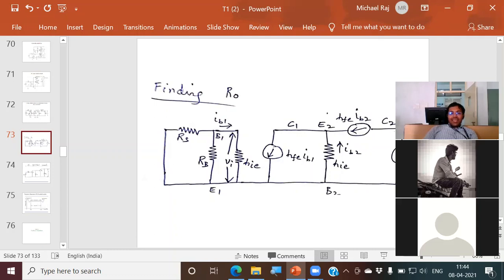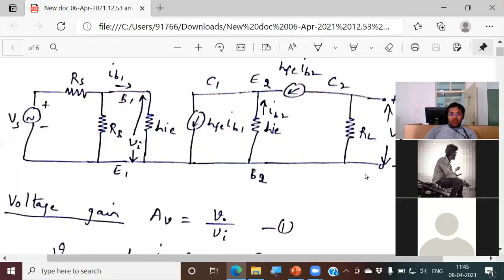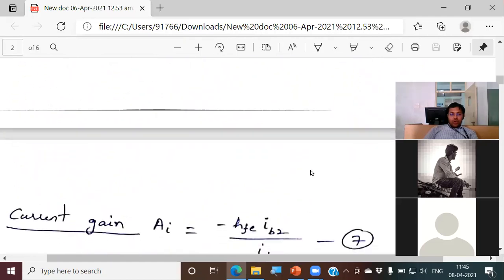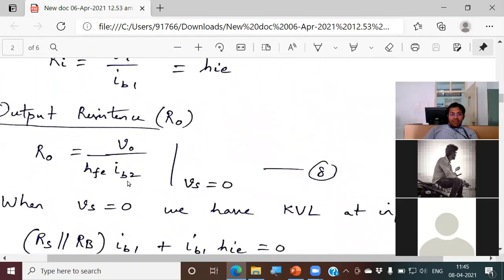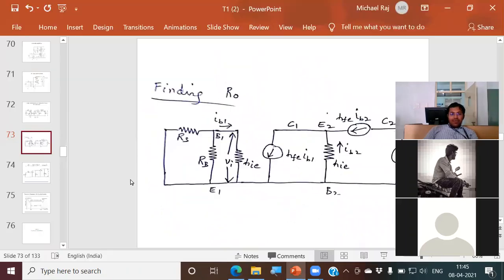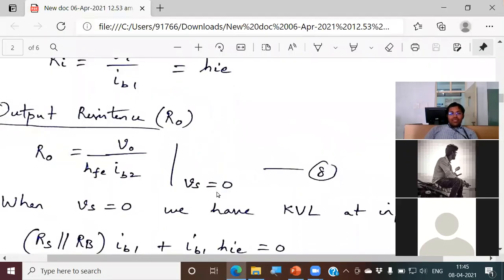So simply V0 divided by this current will give us the output resistance. So V0 divided by HFE IB2 will give us R0. Vs is equal to 0.